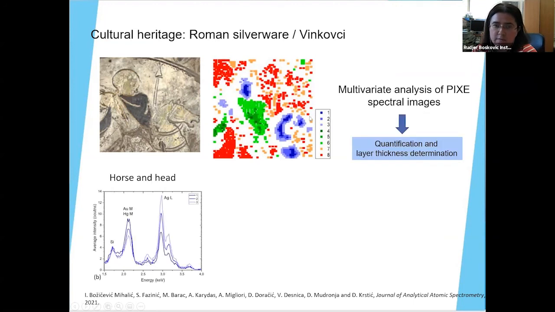And what we found, for example, is that these blue regions are regions where gold is present. And here, basically, you can see, because you have gold and mercury lines in the spectra, that we have a thin layer of gold, and below is the silver plate.